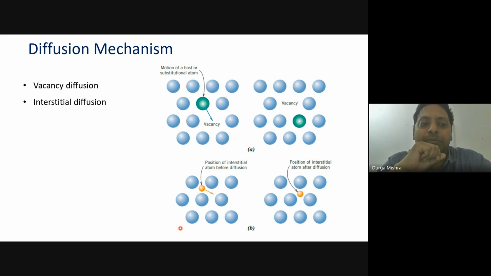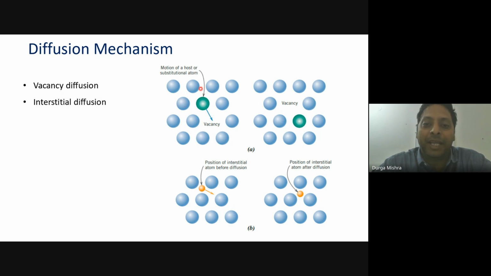As we discussed about the defects, the diffusion mechanism is also associated with that. One is called vacancy diffusion, or vacancy mediated diffusion. Then there is also interstitial mediated diffusion. Again it comes from the same defects that we discussed earlier.